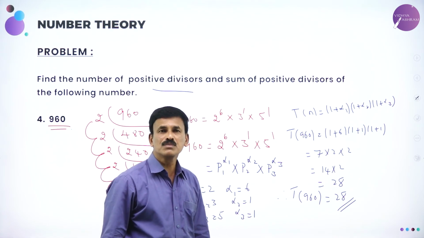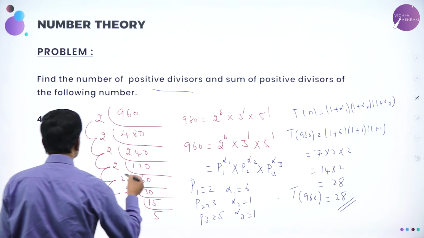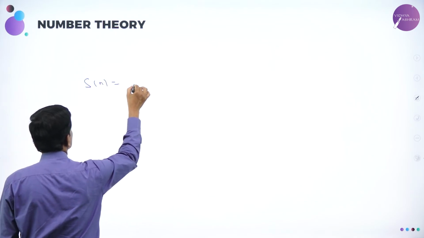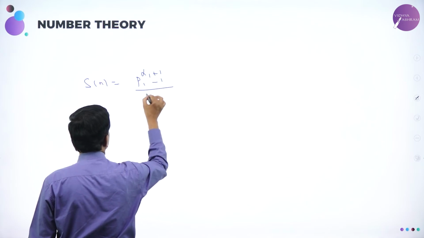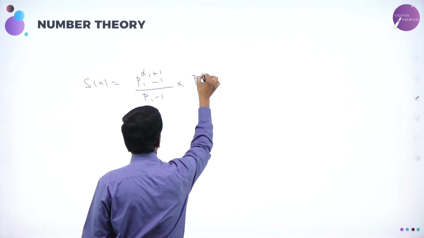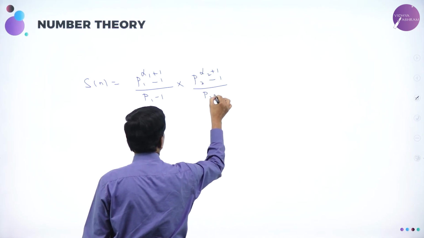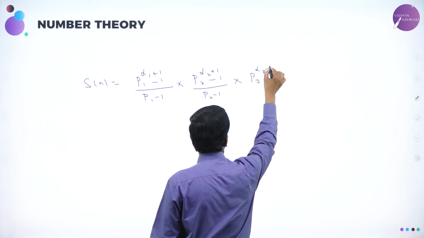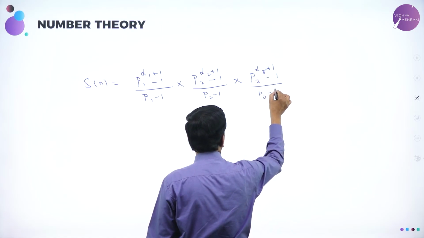Okay. Let us come to the sum of positive divisors. So I will write here. What is the formula for S of n? S of n is equal to P1 to the power of alpha 1 plus 1 minus 1 divided by P1 minus 1 into P2 to the power of alpha 2 plus 1 minus 1 divided by P2 minus 1 into P3 to the power of alpha 3 plus 1 minus 1 divided by P3 minus 1.